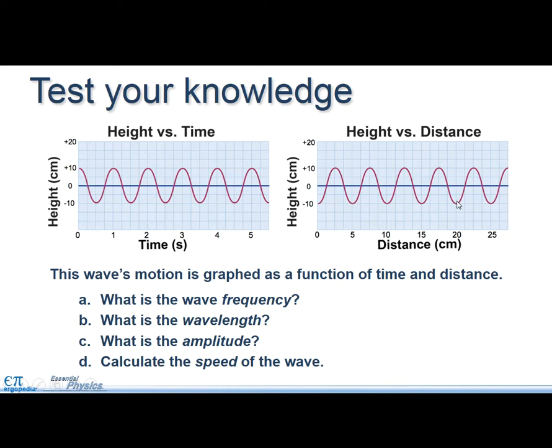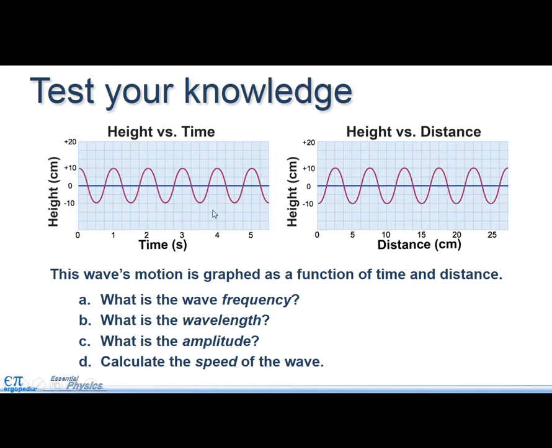Imagine there's a bunch of ripples traveling across the water, and I took a snapshot with a photo, right? Then that would give me this picture, height versus distance. Whereas if I recorded a rubber ducky going up and down in time, that would give me this one here. Based on these two graphs together, we can figure out everything that we need to know about the wave.